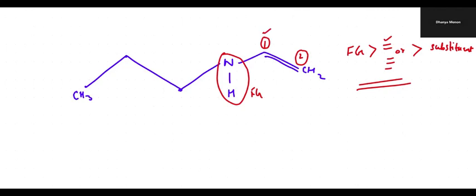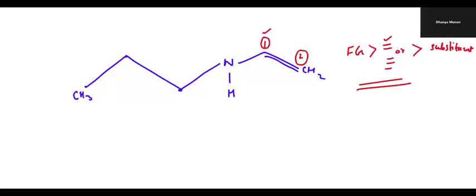Now, this group, what you see is the ethene group, right? Now, this long chain, we do need to check the number of carbon atoms.